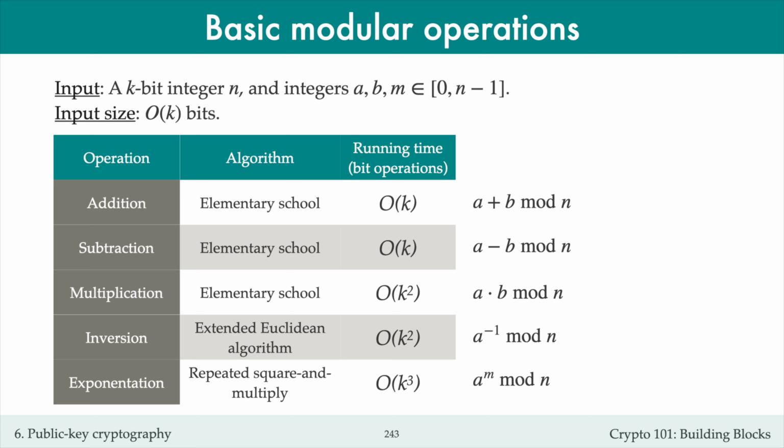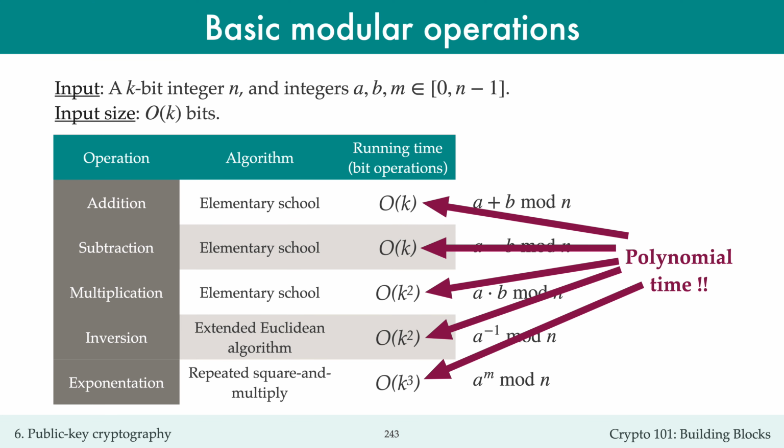Lastly, a very important operation for public key cryptography is modular exponentiation. The operation computes the remainder upon dividing the integer a to the power m by a modulus n. As it turns out, we can do this in polynomial time.